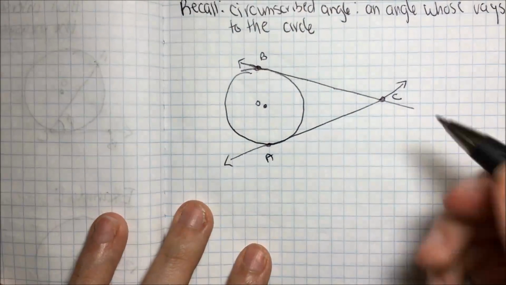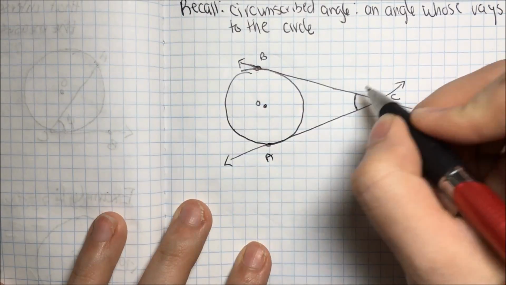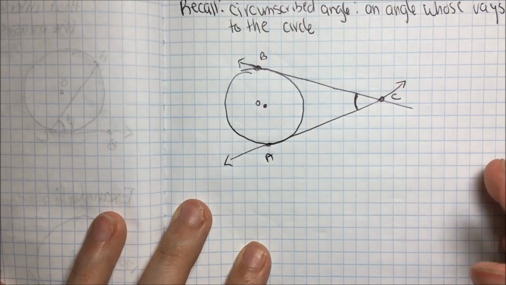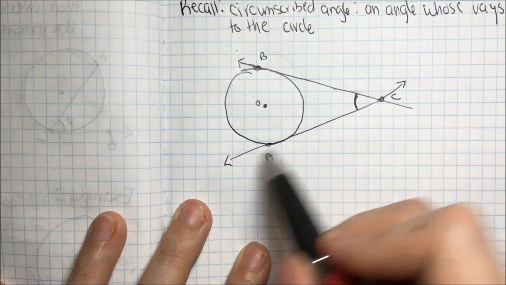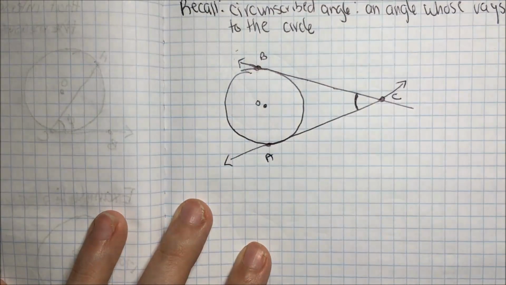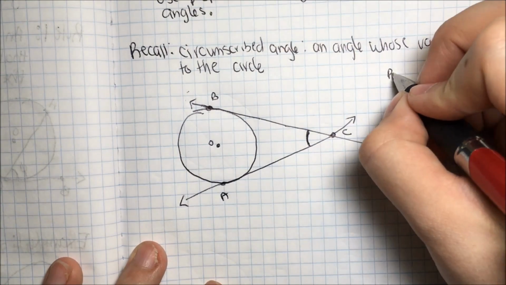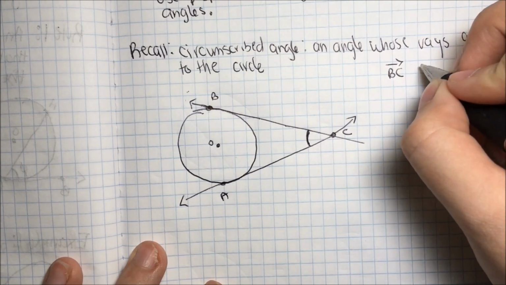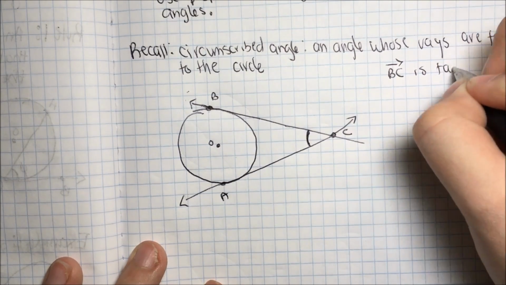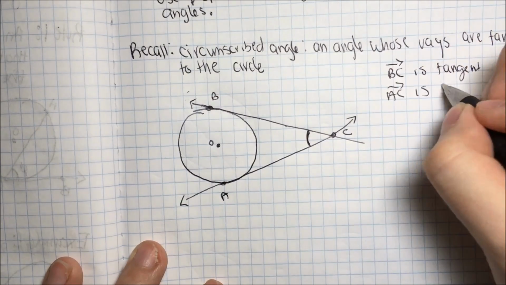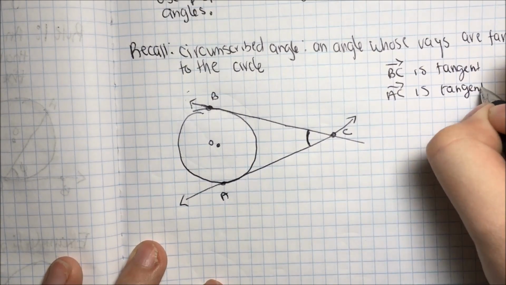So the circumscribed angle would be this angle, which is BCA, because we see that the two tangents where they intersect form that circumscribed angle. So we say that BC is a tangent and AC is also a tangent.